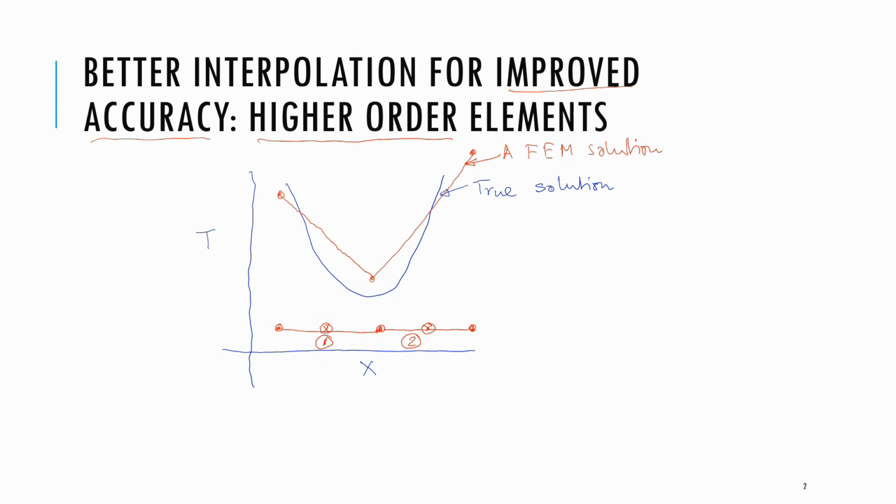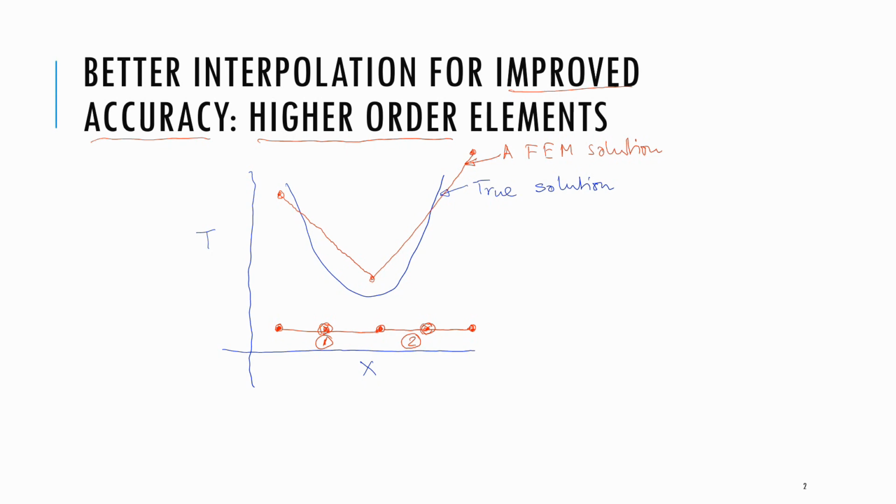Okay, now what will happen is my computation would happen here, here, here, here, here. So this will give me some added degrees of freedom, more flexibility in trying to match the true solution.